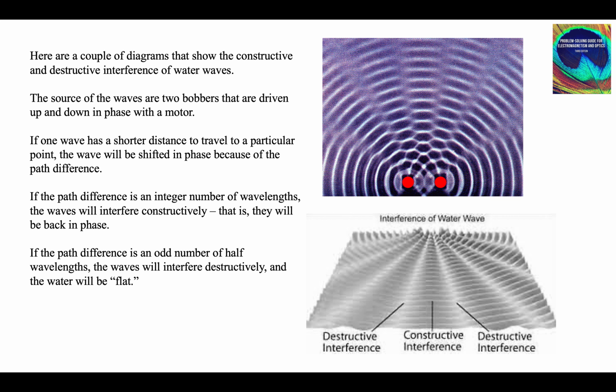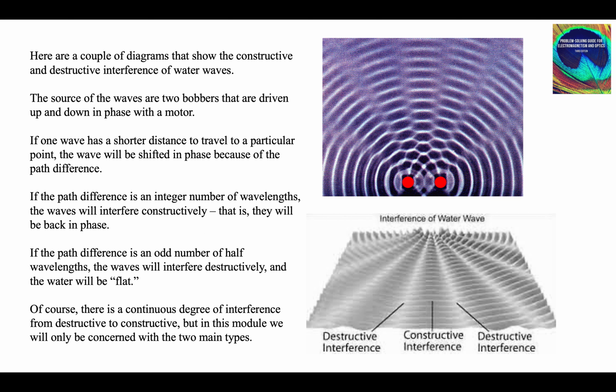So a half a wavelength is destructive interference. 3/2 of a wavelength is destructive interference. 5/2 of a wavelength is destructive interference. There's a continuous degree from constructive to destructive, but we're going to be focused only on either destructive or constructive in this module. Since this is an important concept in this module, let's try to really understand it.